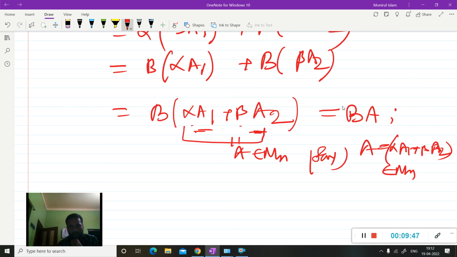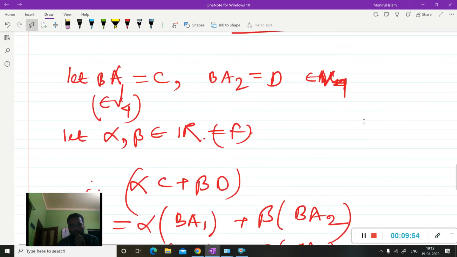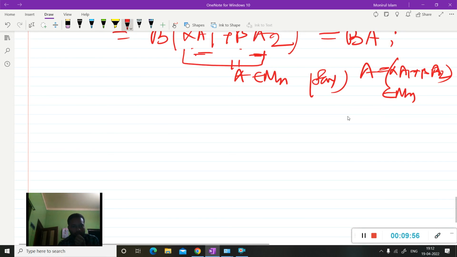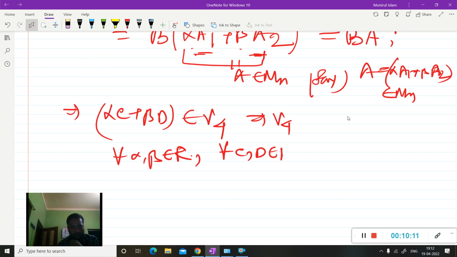Now A1 and A2 are matrices from Mn, and alpha, beta are scalars, so alpha A1 plus beta A2 is a matrix from Mn. Call it A. So this gives B times A, so alpha C plus beta D is of the form BA, which implies it belongs to V4. Since alpha, beta and C, D are arbitrary, this will hold for any such matrices. So V4 is a subspace.